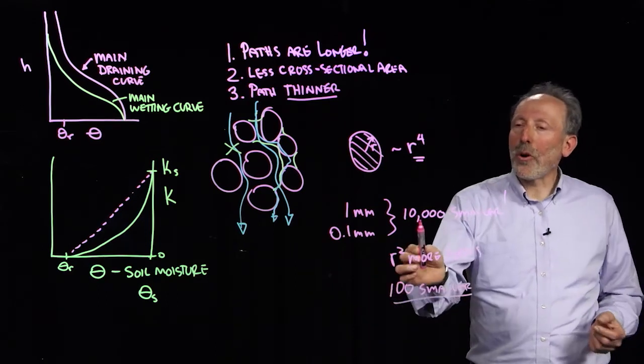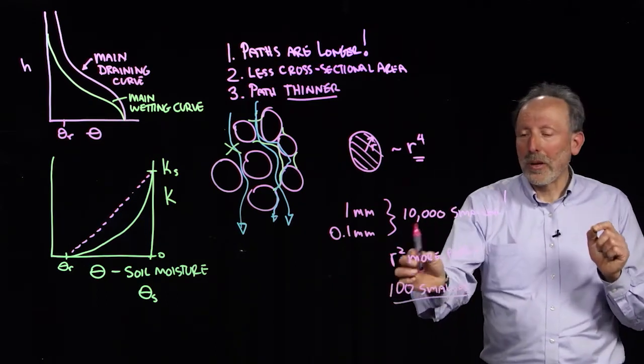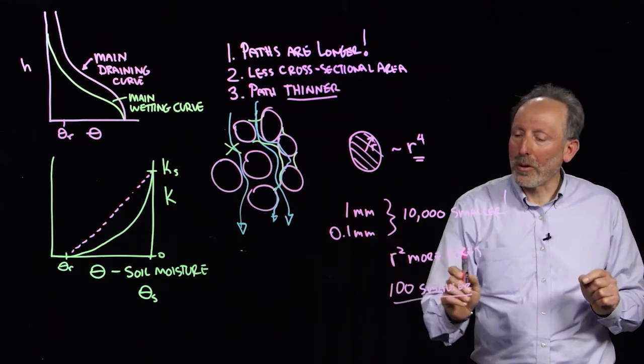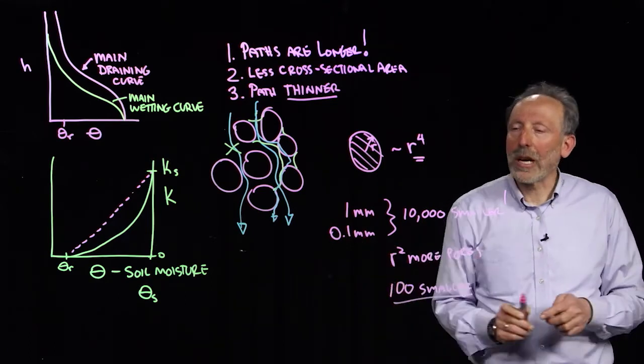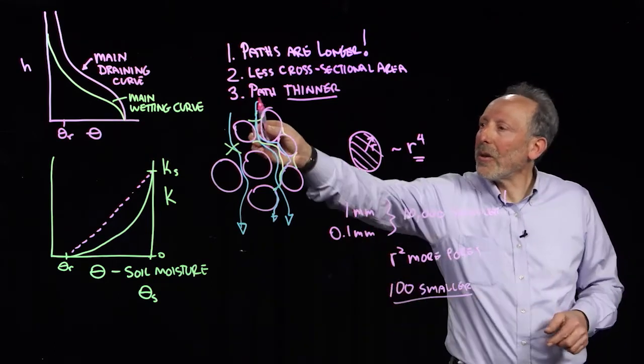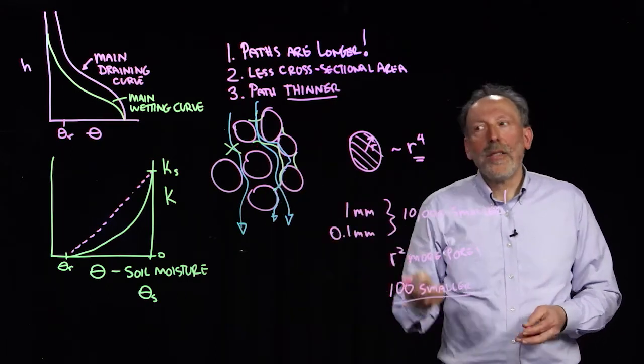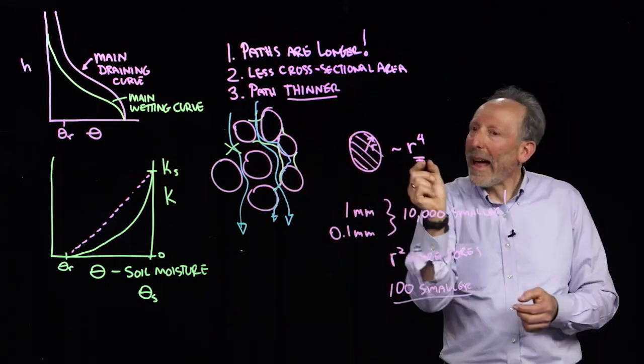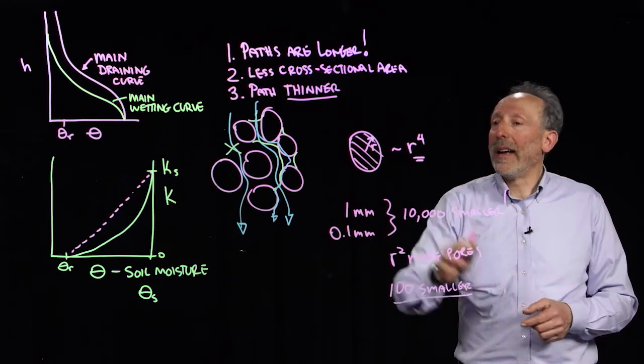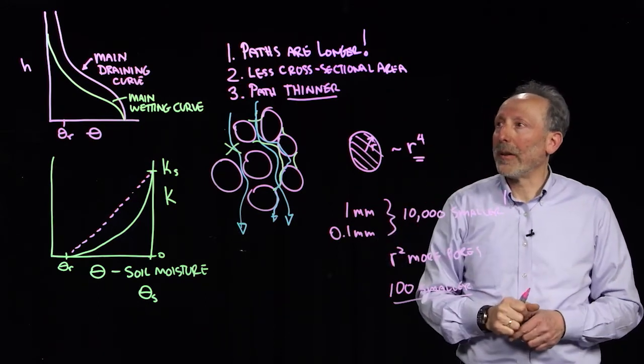Because each pore would be 1/10,000th as permeable, but there'd be 100 times more pores, and so we get 100 times lower permeability. So as we go to thinner and thinner films of flow, the resistance goes up because those paths are made up of thinner films of water, and it has a tremendous impact on the permeability.